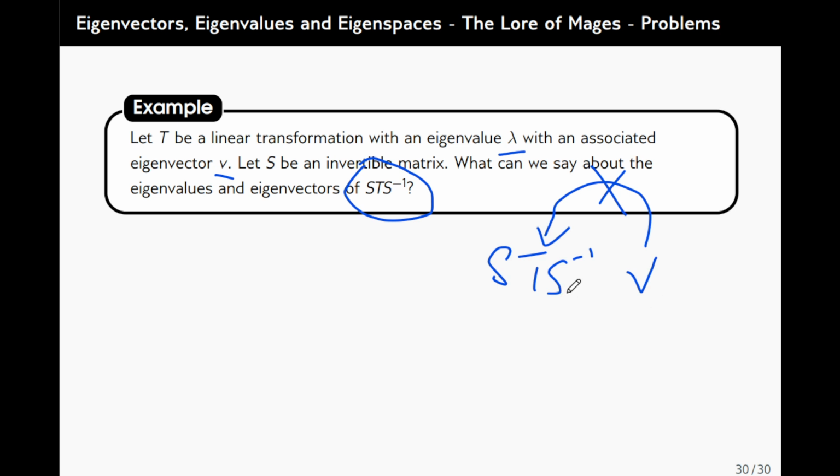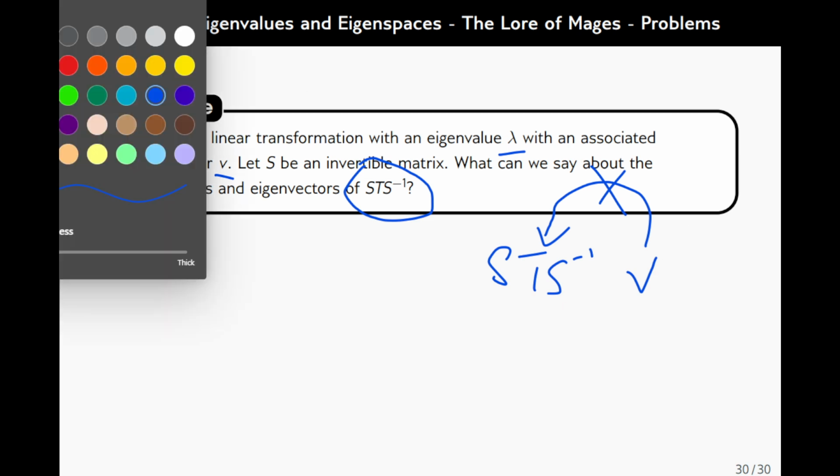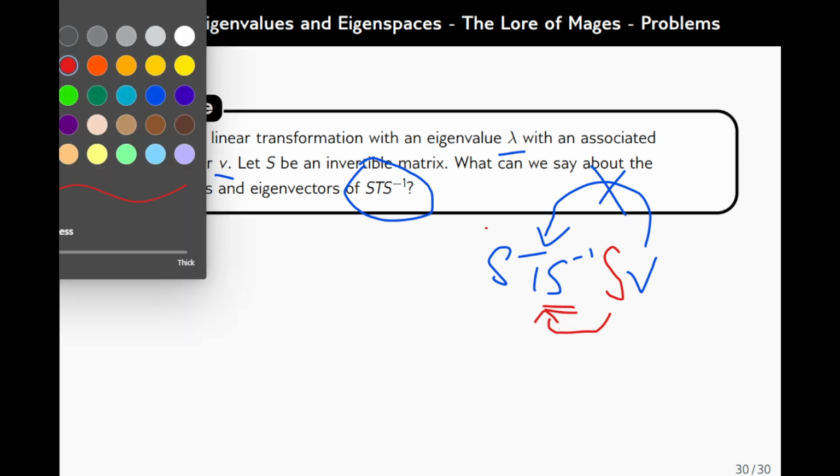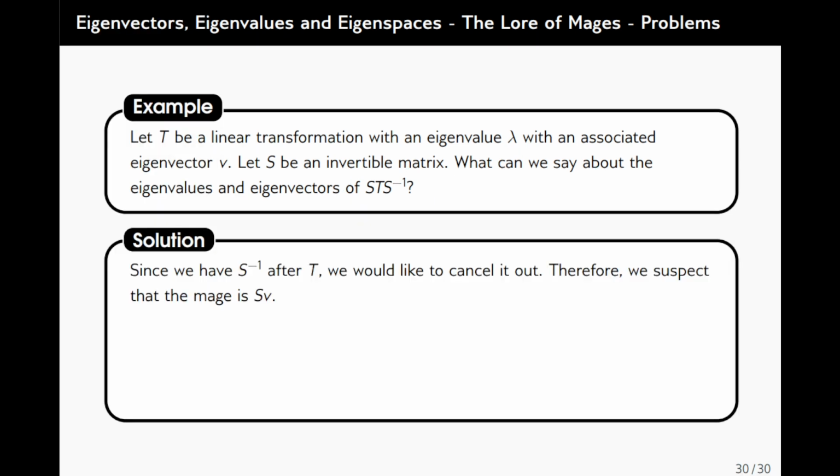So what should we do? The point here is that this S inverse is bad, so we want to add an S to cancel this S inverse. Let's see what will happen.